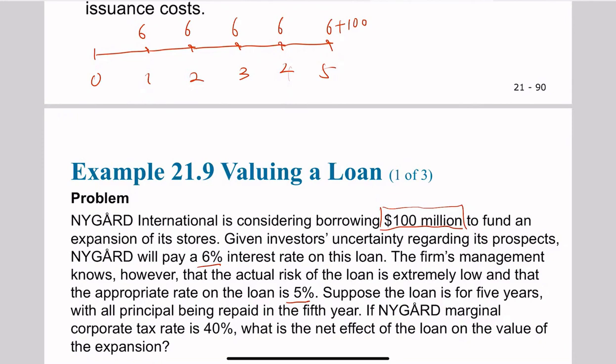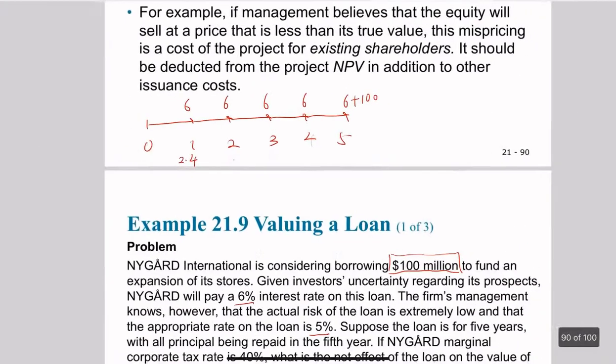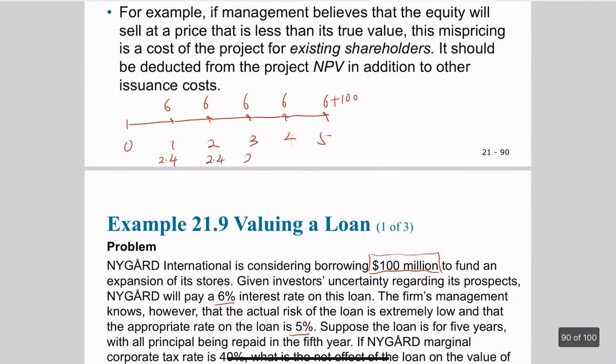We have learned if you use the tax rate times the interest payment, then you will get the interest tax shield. So if the interest payment is $6 million and the tax rate is 40%, we can see that the interest tax shield will be 2.4 each year.